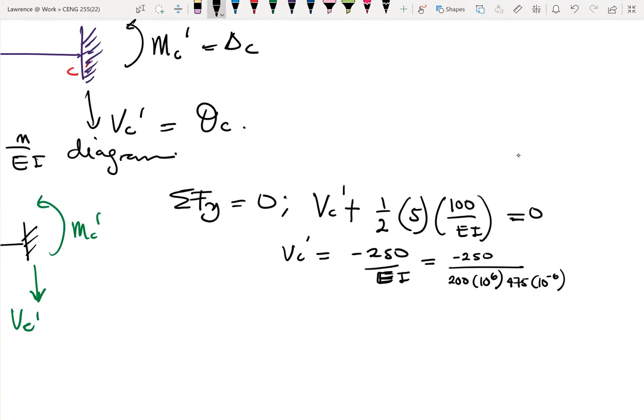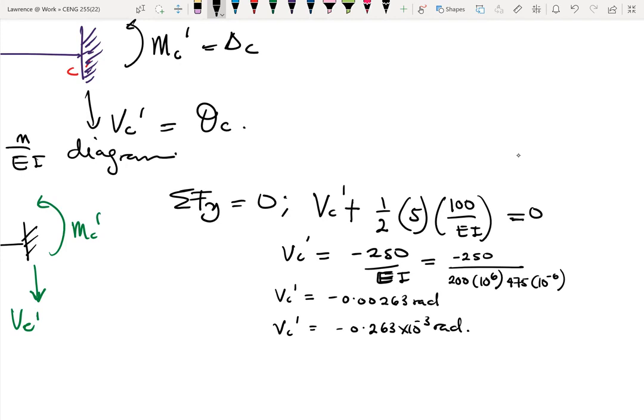So once we put this into the equation, we should end up with a VC value of minus 0.00263 radians, or some books will put it this way, minus 0.263 times 10 exponent minus 3 radians. I think, am I correct? Yeah, that's my calculator.